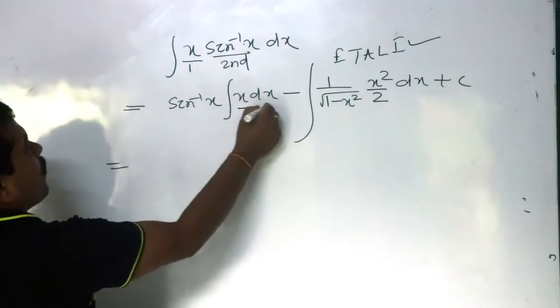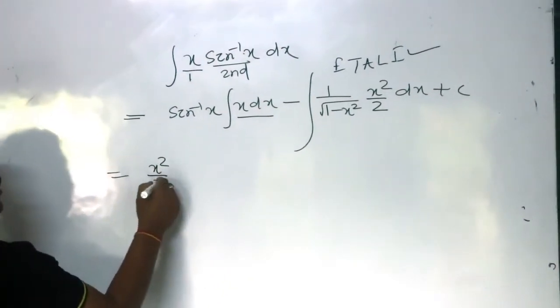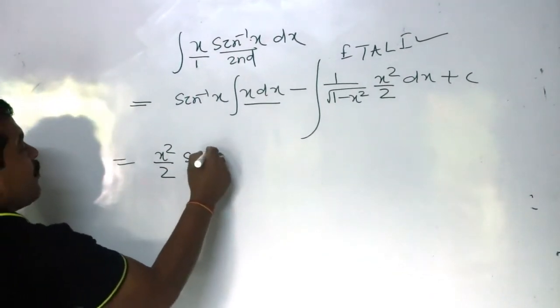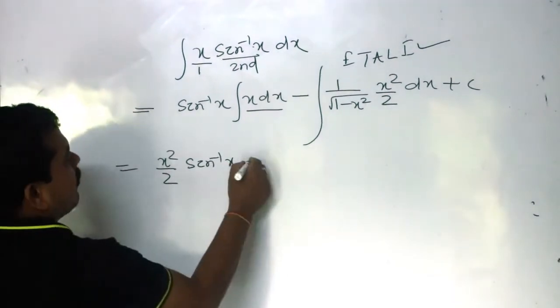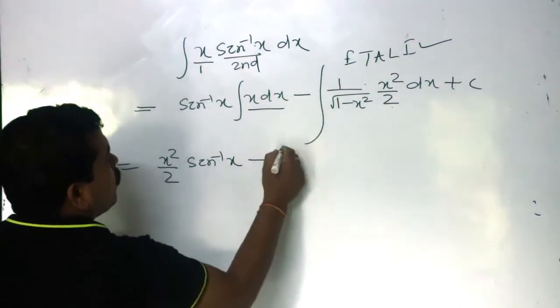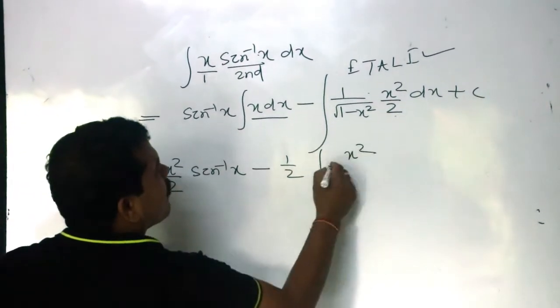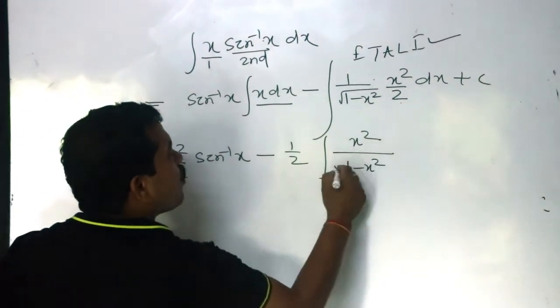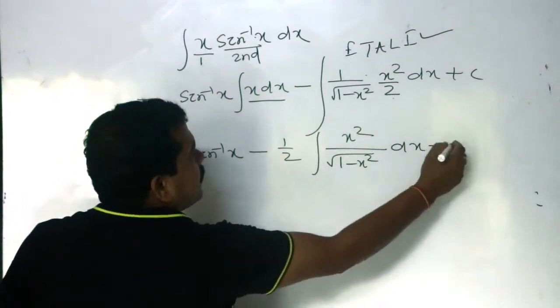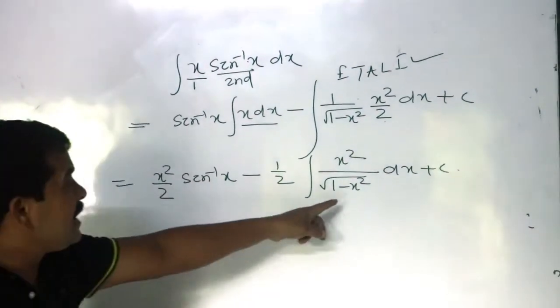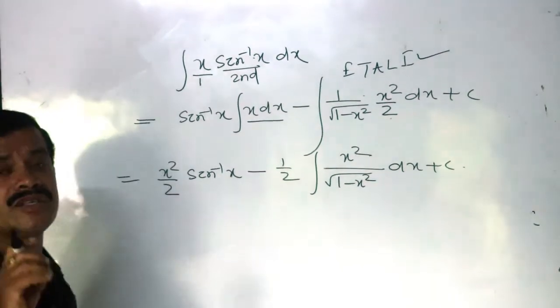The integration of x is x square by 2 and keeping sine inverse x fixed, minus, taking 1 by 2 common from outside of the integration, we have x square by square root of 1 minus x square dx plus c. This integration can be evaluated by the substitution of a trigonometric function.